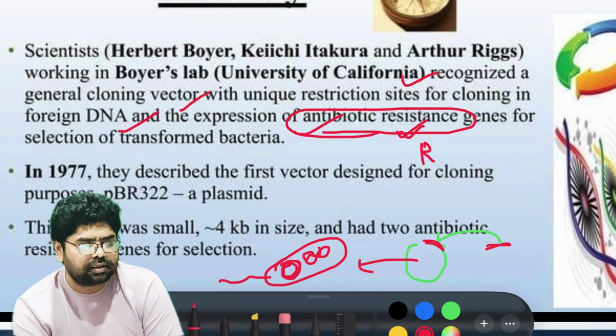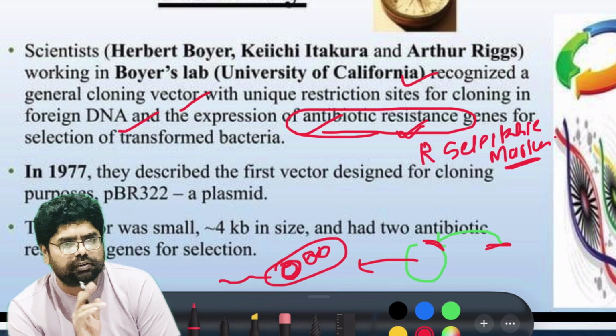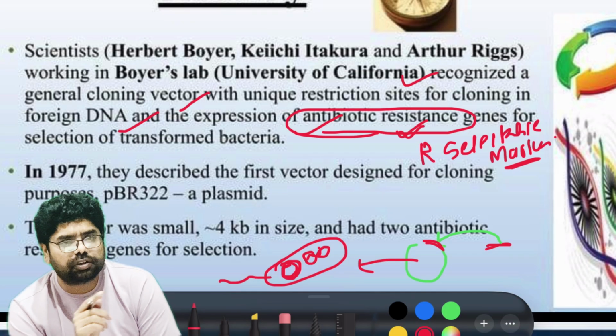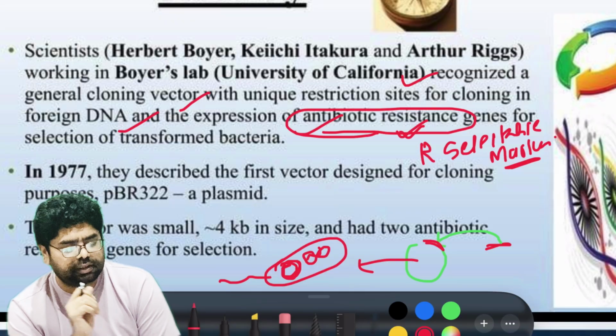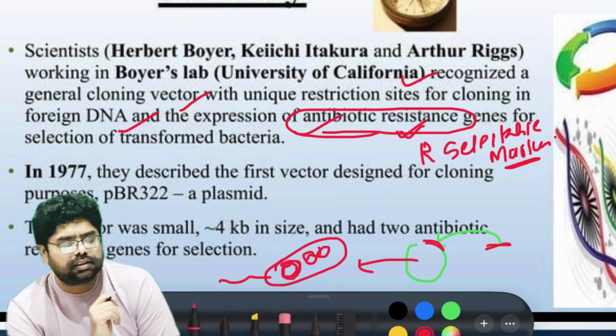This is the importance of antibiotic resistance, and this is also called a selectable marker. Why is it called a selectable marker? Because it is used to select the particular recombinant plasmid from a population of a host like E. coli when you transform your recombinant plasmid inside the E. coli.